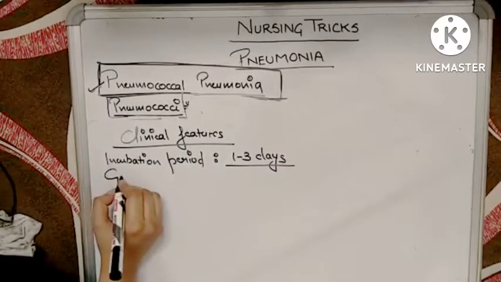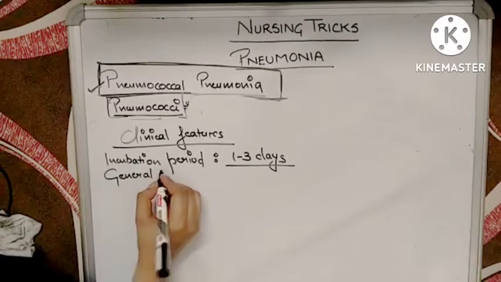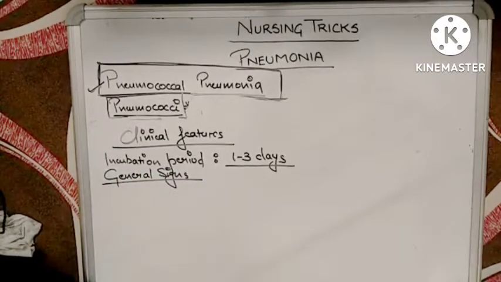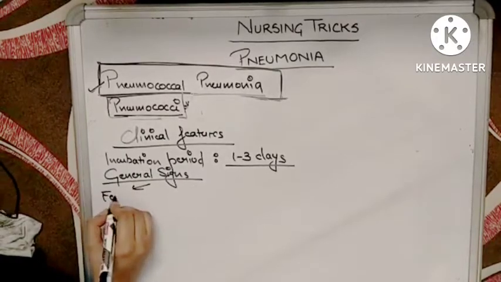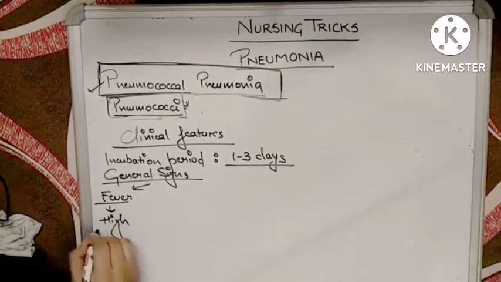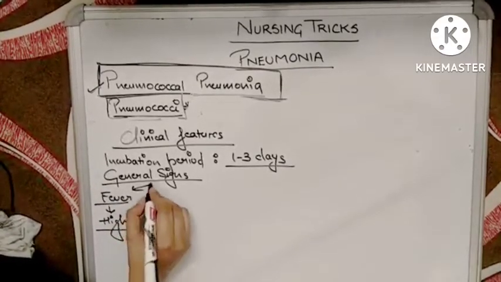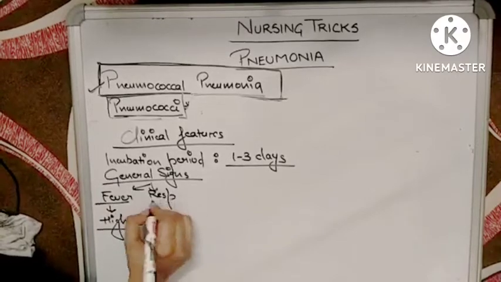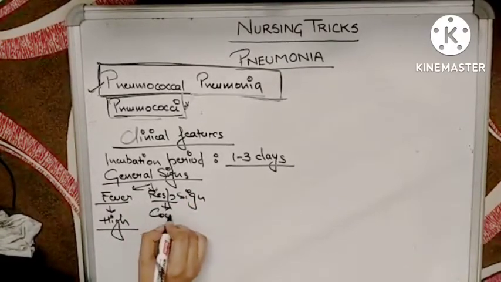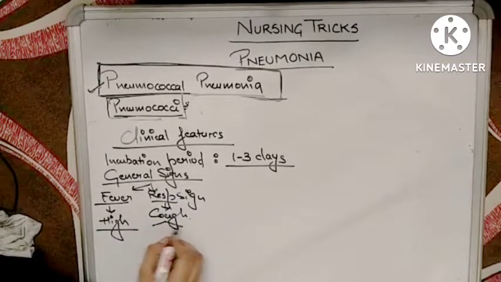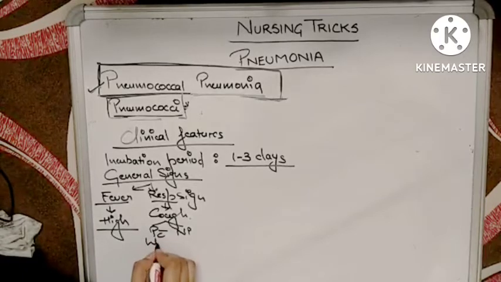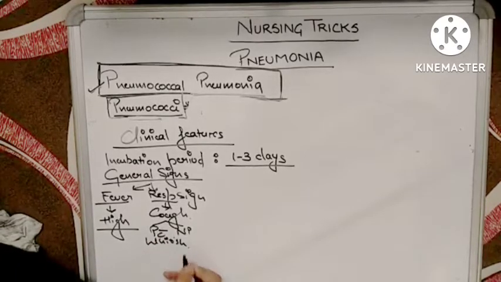And the general signs, don't mug up, let us just see. There is congestion, there is consolidation. Because there is an infection, there will be fever, which will be quite high. Then the respiratory signs: the child will cough, which can be productive or non-productive, and if productive, it will be whitish sputum.